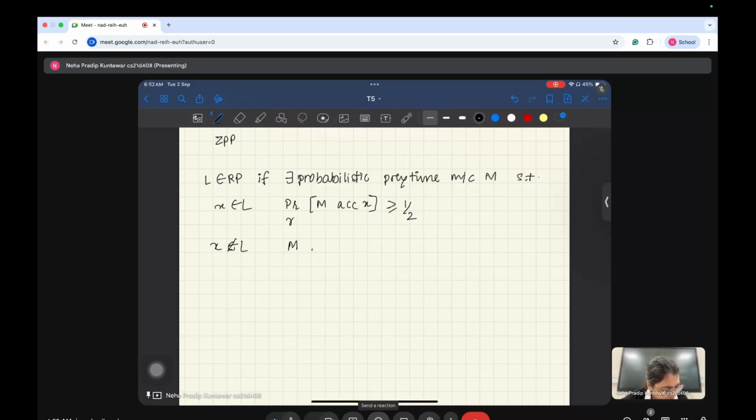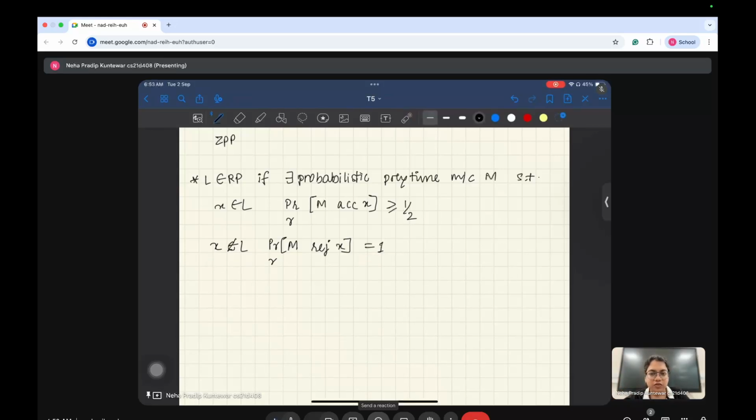So the probability that M rejects x is equal to 1. What that really means is that when x is indeed in the language, there might be some error that our algorithm or machine makes, but when x is not in the language, we are always going to be correct.